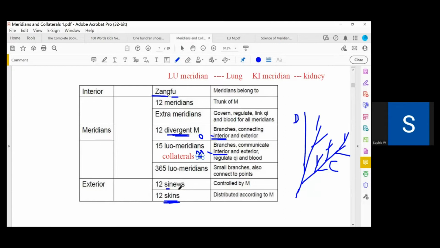Yeah, so sinews are controlled by the meridians. And 12 skins distributed according to meridians. So that means that's the meridians, right?